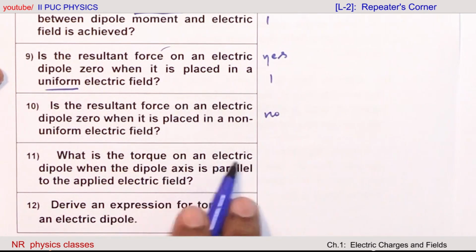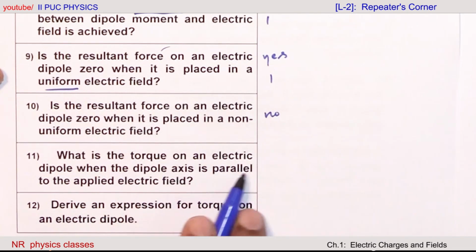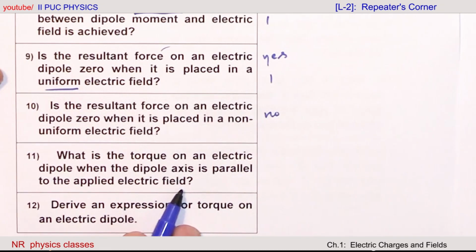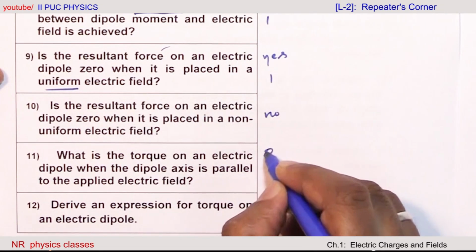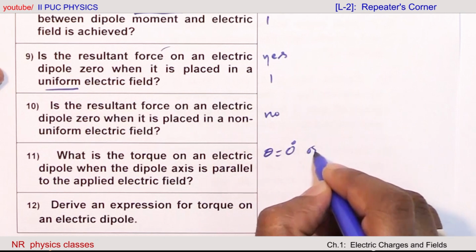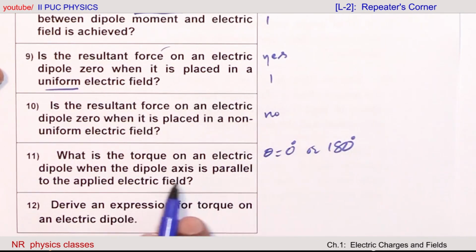What is the torque on an electric dipole when the dipole axis is parallel to the applied electric field? Parallel means either theta 0 degree or 180 degree. So torque is 0. Derive an expression for torque on an electric dipole in an external electric field.